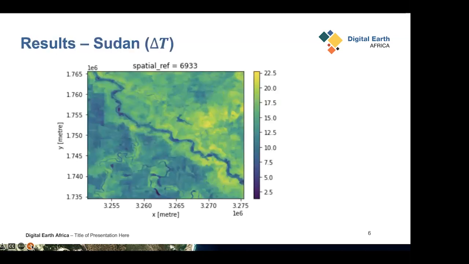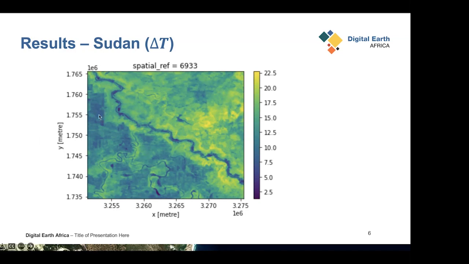Okay, so as you see, when we apply the formula, using the Landsat surface temperature and also the ERA5 air temperature, when we calculate the difference, you see that within this image, you have the scale from 0 to 22.5. That's all in temperature.